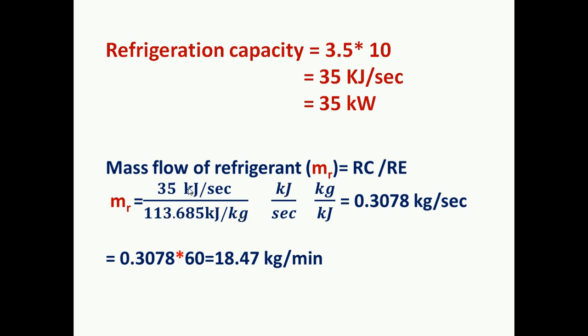Therefore see, kilojoules per second divided by kilojoules per kg. Here kg goes up, therefore kilojoule gets cancelled. You will remain with only kg per second. You see, kg per second. Therefore this is 0.3078 kg per second, the amount of refrigerant flowing in the circuit.